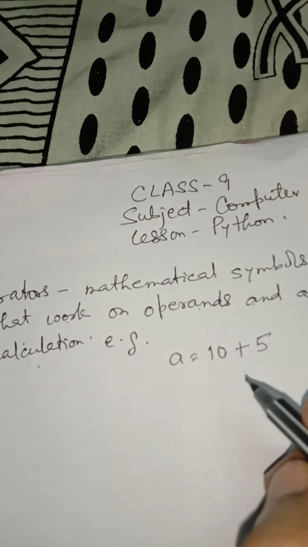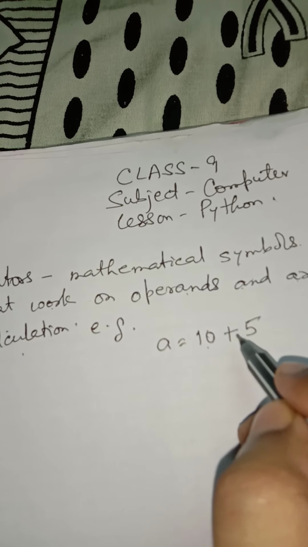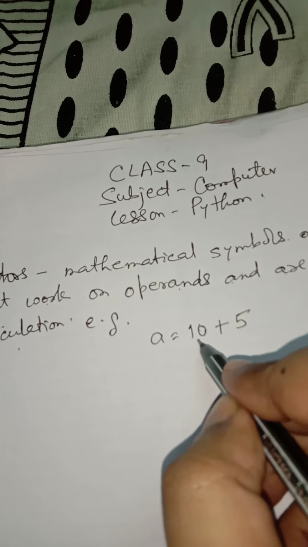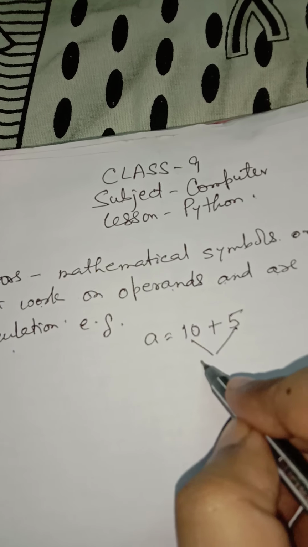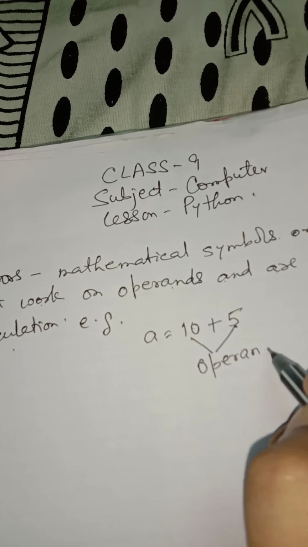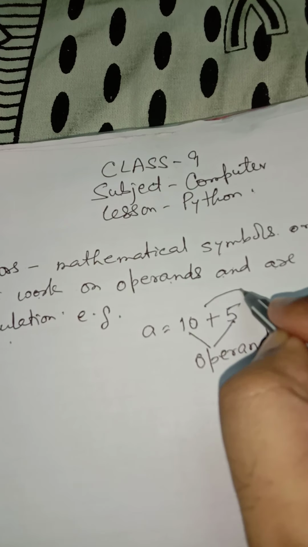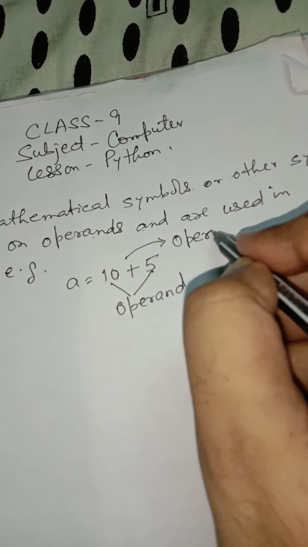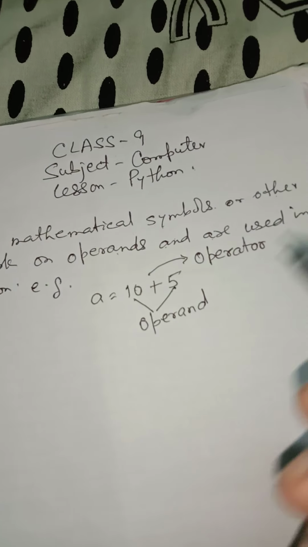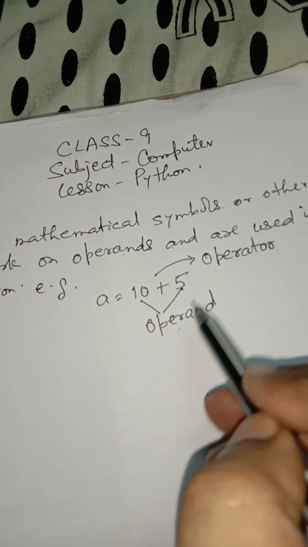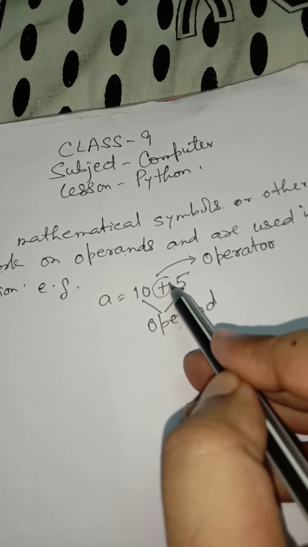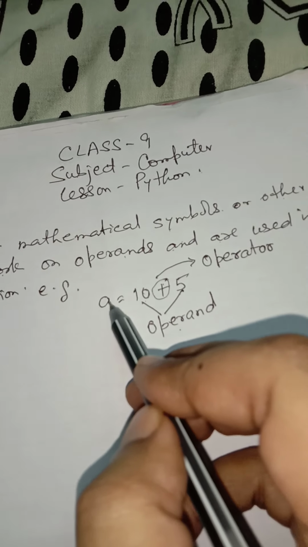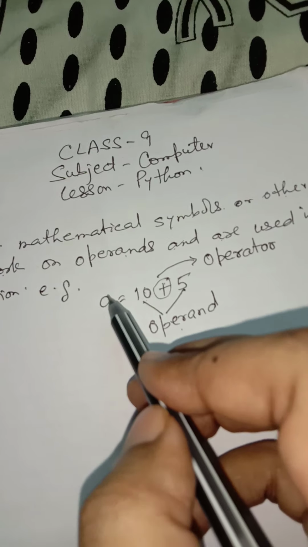Here 10 and 5 are added and the result 15 will be stored in the variable A. Here 10 and 5 are operands, and plus, since it is a symbol, is the operator. So the variable A will have the value 15.